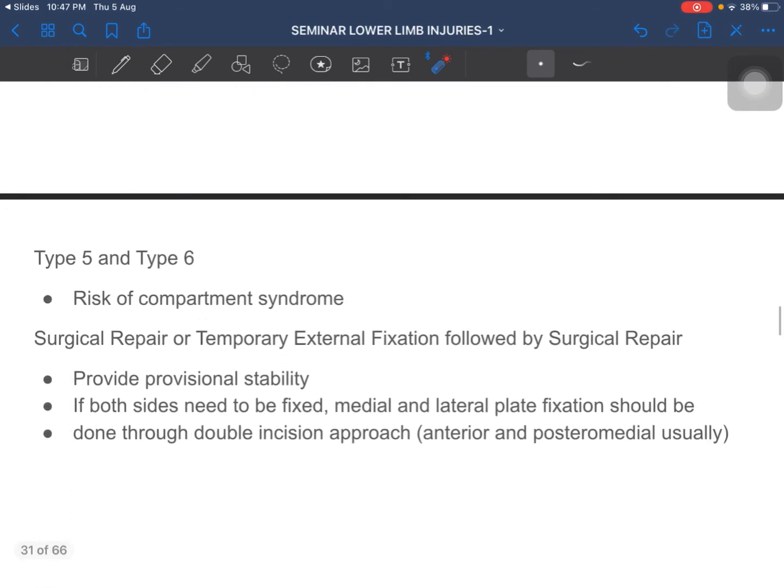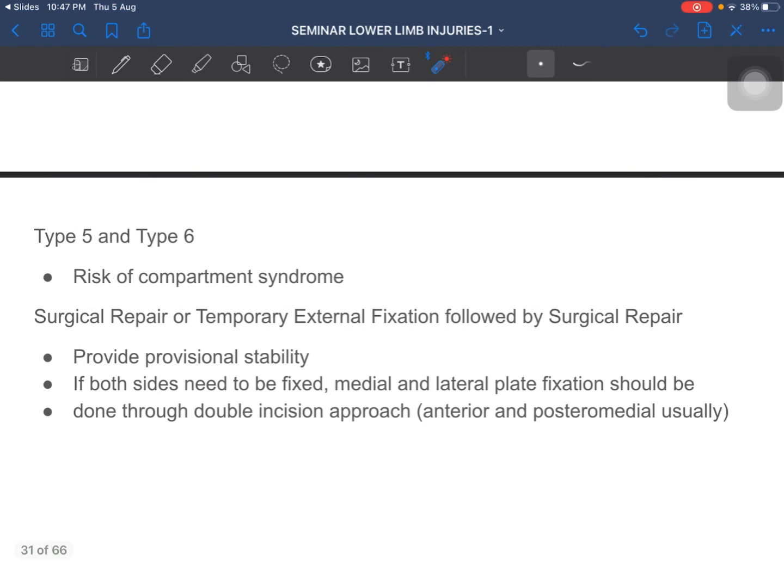For type 5 and 6, the management carries a risk of compartment syndrome. So the management is actually surgical repair or temporary external fixation followed by surgical repair. It is to provide provisional stability.